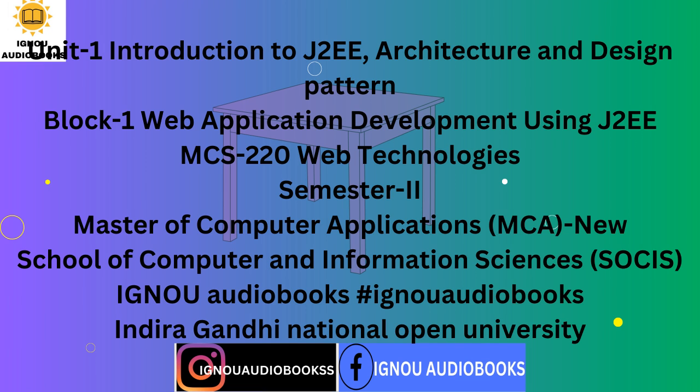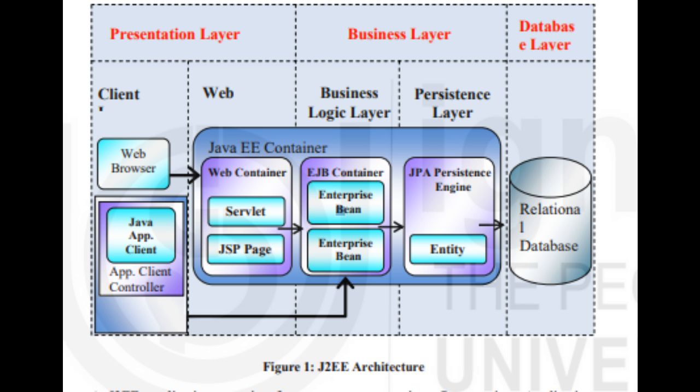You can know more about the Java 2 Enterprise Edition, J2EE, and its uses in Java programming in the next section. 1.3 Introduction to J2EE. In the previous section, you have learned about the two most important terms, web server and web container, which are required for Java programming. Through this section, you will learn about the Java 2 Enterprise Edition, J2EE.